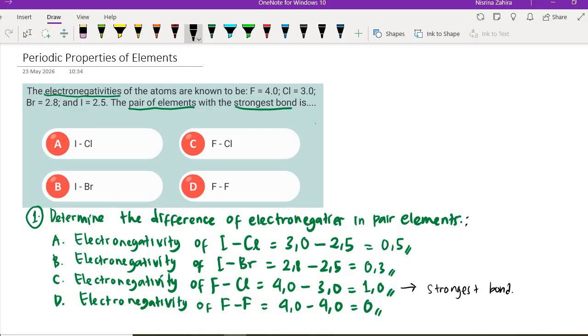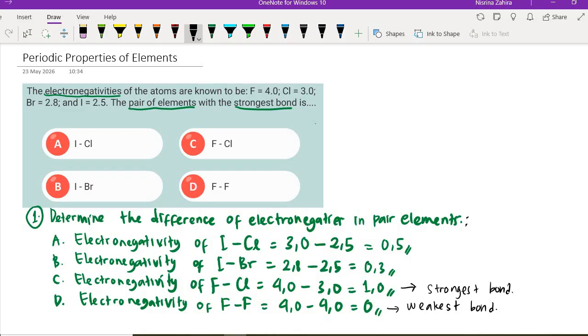The bigger the difference of electronegativities in a pair of elements, the stronger the bond. And conversely, the smallest difference indicates the weakest bond.